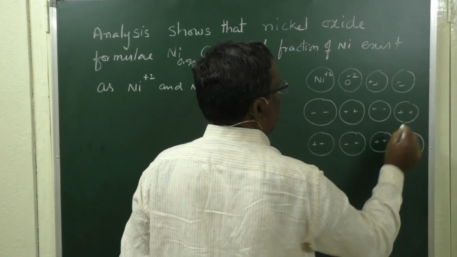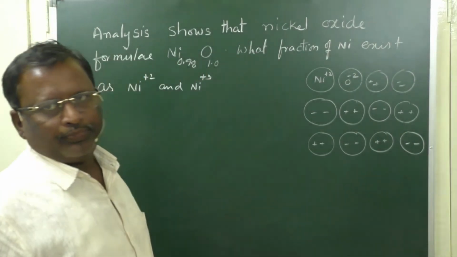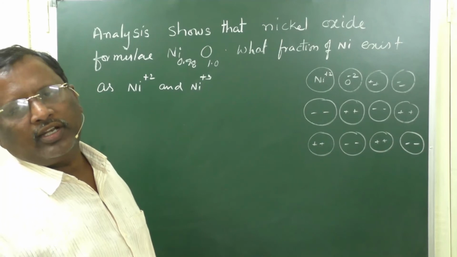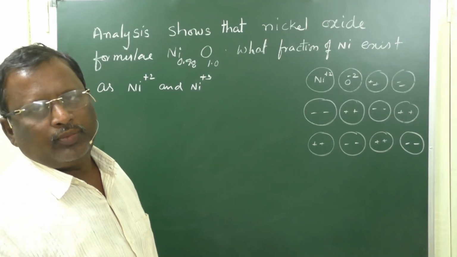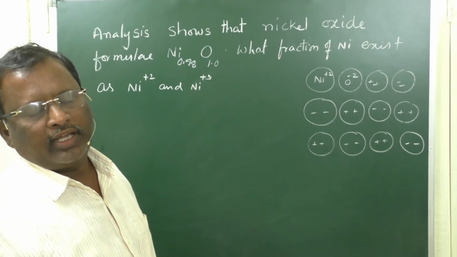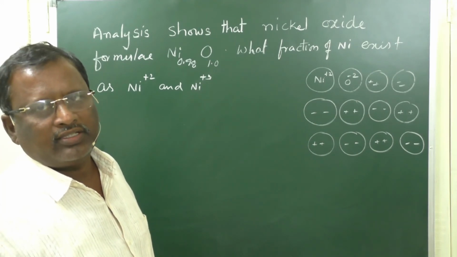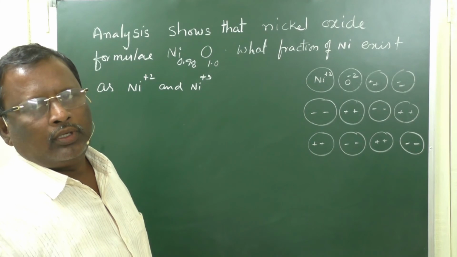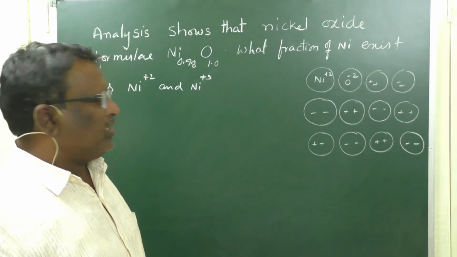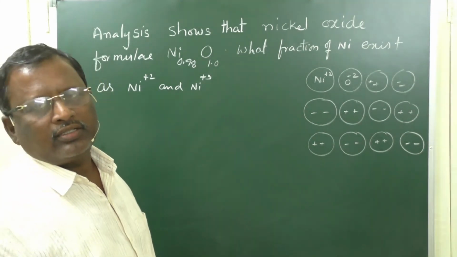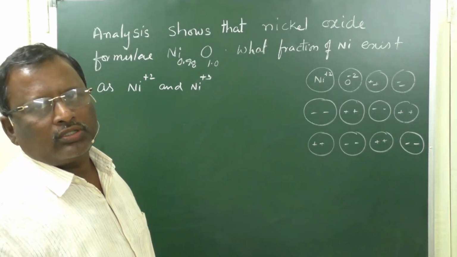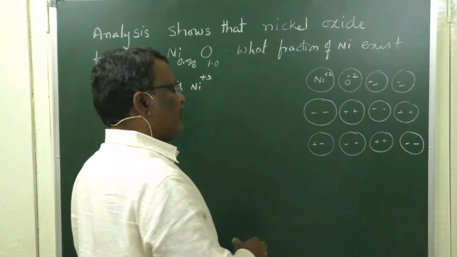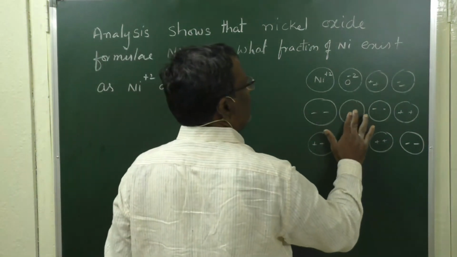Let it be the nickel oxide crystal. Positive ions are dipositive nickel ions and the negative ions are di-negative oxide ions. This is the crystal. When temperature increases, some of the nickel ions will leave and make a hole and disappear from the crystal.